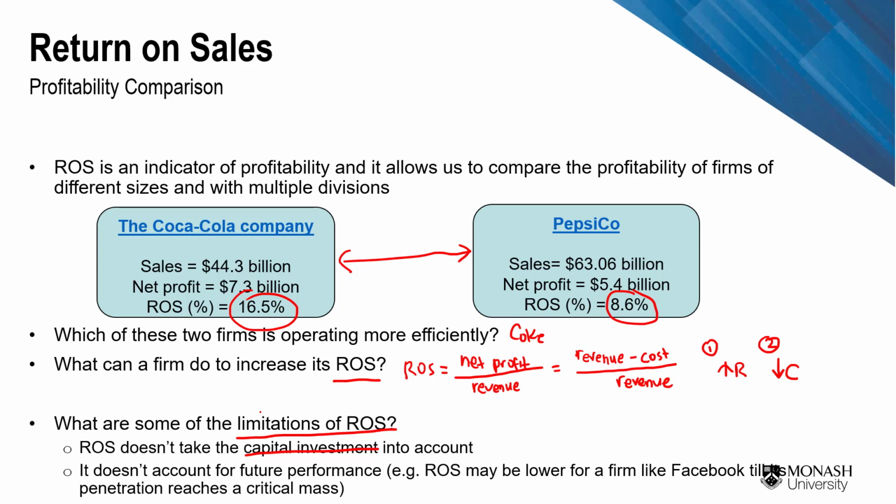The costs associated with that are probably just to maintain servers and company employees, and they do some research and development as well. But it doesn't take into account the future performance. So what's happening later on, you can't really see, which is sometimes useful from an investor's point of view, because they want to see the future. They don't want to see now. So that's one of the limitations of ROS.